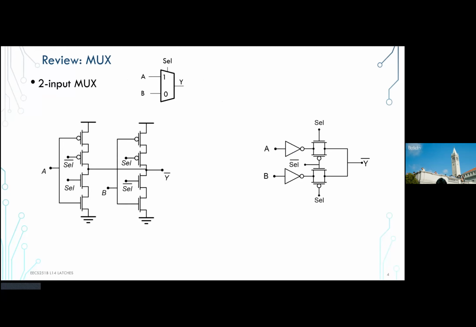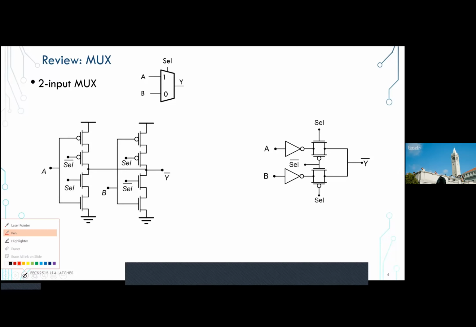Okay. So remember, we talked about the design of 2-input muxes. There are 2 ways to build a mux. One is by using C-squared MOS gates. The other one is by using transmission gates. And we have also asserted at the end of the previous lecture that those 2 are basically identical.